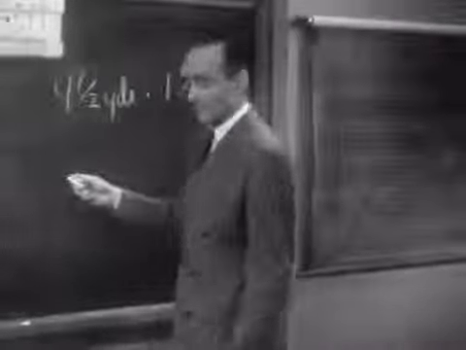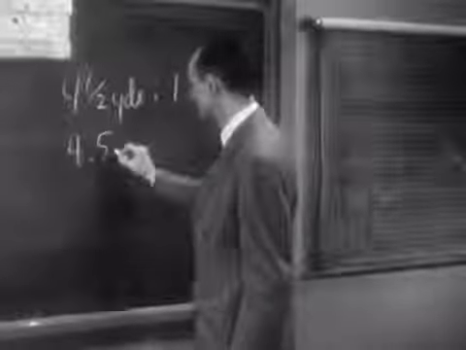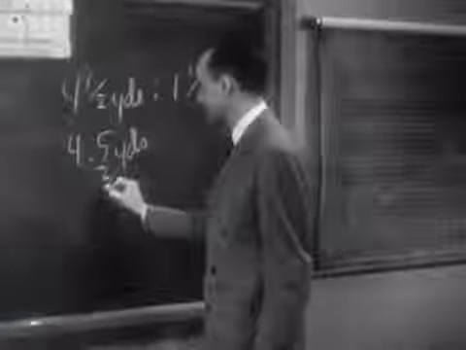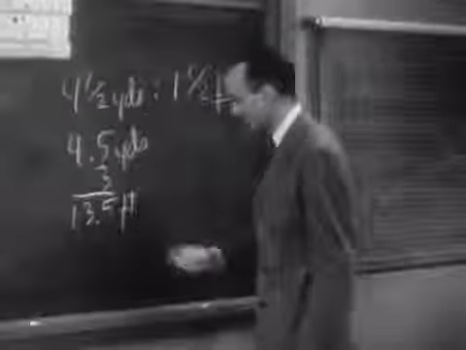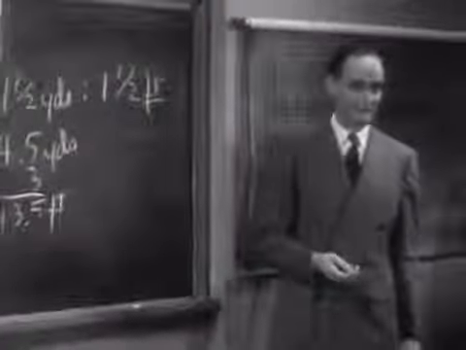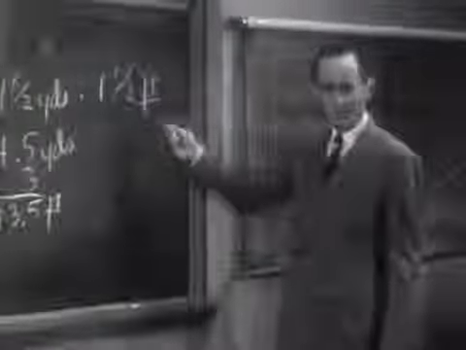First of all, let's change 4.5 yards into feet. That gives us 13.5 feet. And now we can divide 13.5 feet by 1.5 feet.